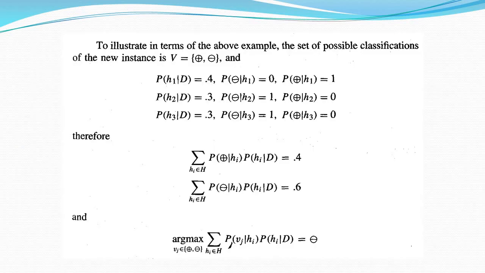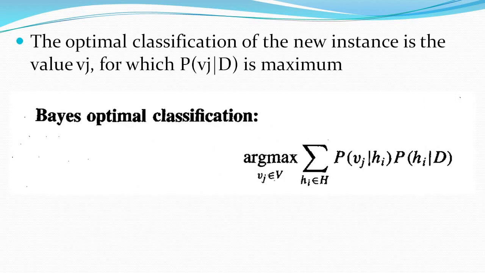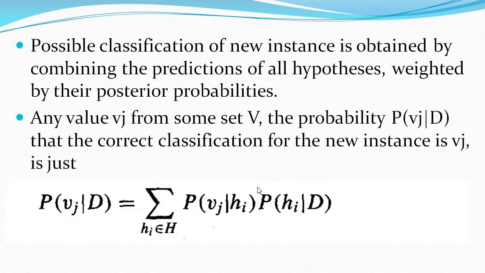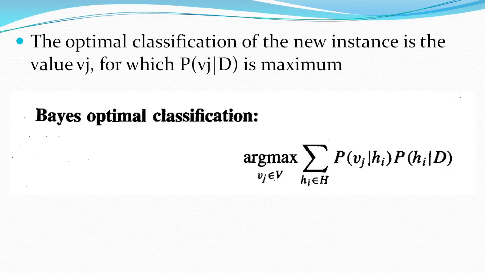This is about the Bayes optimal classification. What is the formula we are using? This one. And to find the probability of everything, this is the formula. The probability of the correct classification for the new instance is calculated using this formula. For every type of classification, the one with the maximum probability we call the new instance classification.